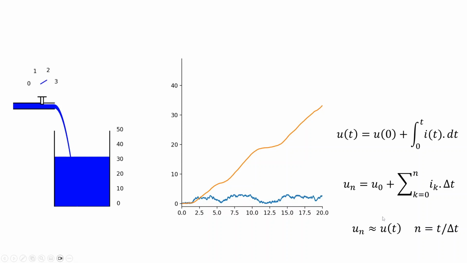So this is the relation between our discrete points and the real value. And this approximation is pretty good as long as this one is small. Okay, so that's pretty cool.